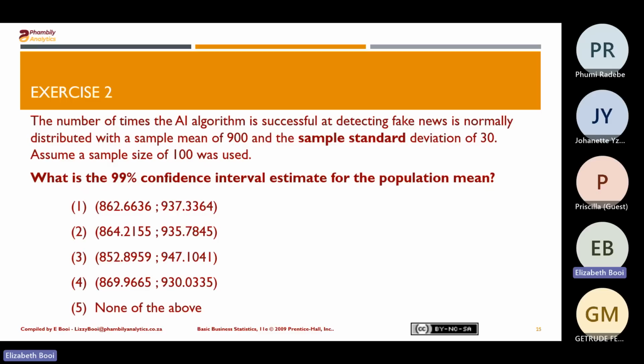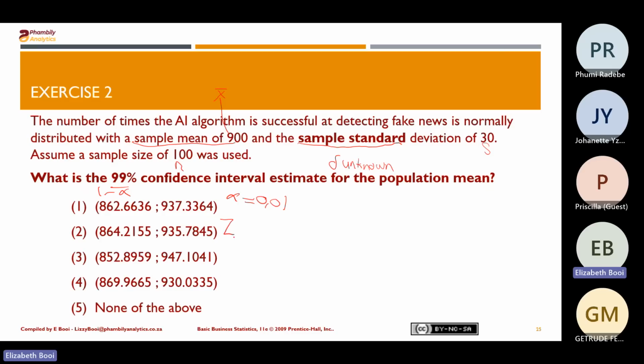Now, what is it that they have given us? They told us the sample mean, which is our X bar, and they also gave us the sample standard deviation, S, so the population standard deviation is unknown. We are given our sample size n. And 1 minus alpha is 99%, therefore our alpha will be 0.01.